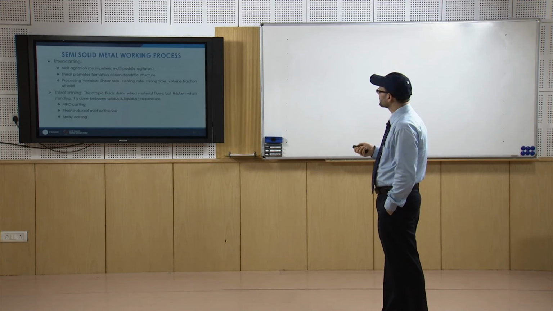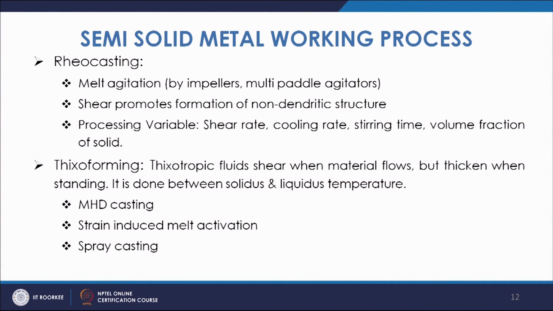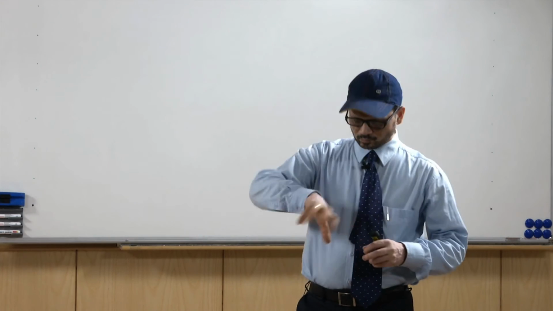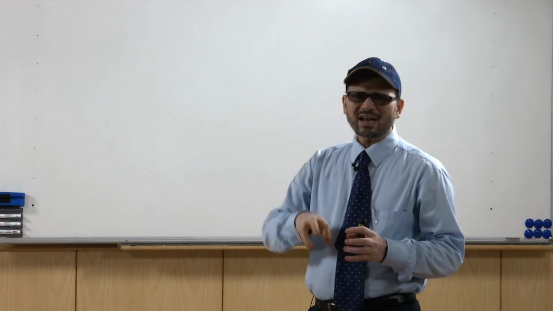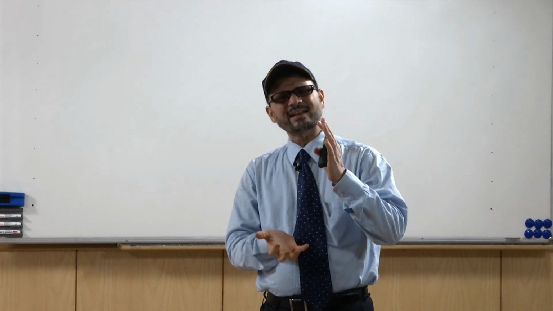In the Rheo casting, basically what happens, the melt is agitated by impellers or multi-paddle agitators. So, there is melt, in that you have an impeller or agitator which is revolving inside the melt, and also it is getting cooled.